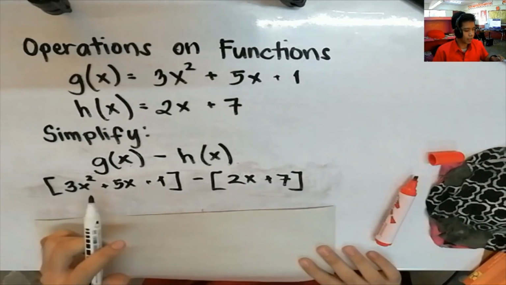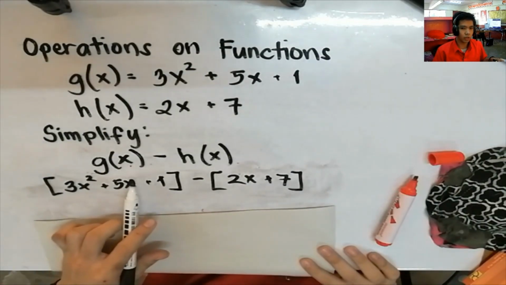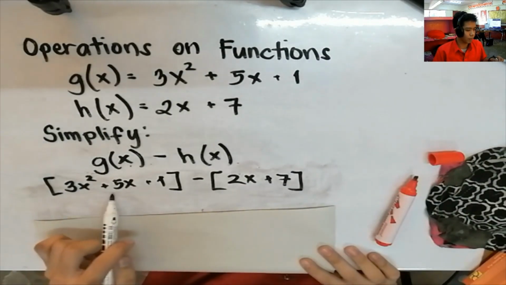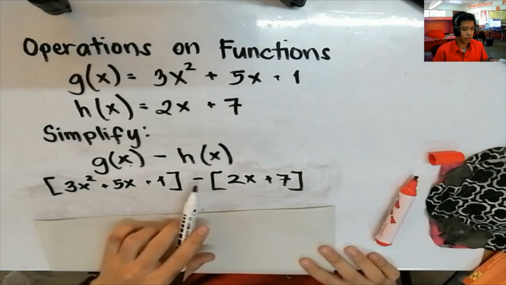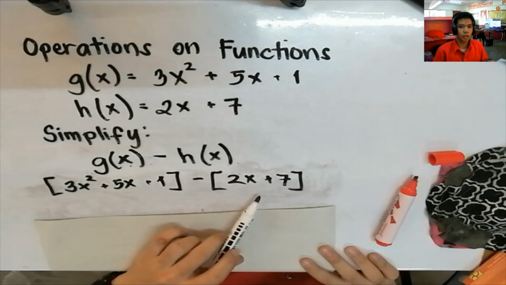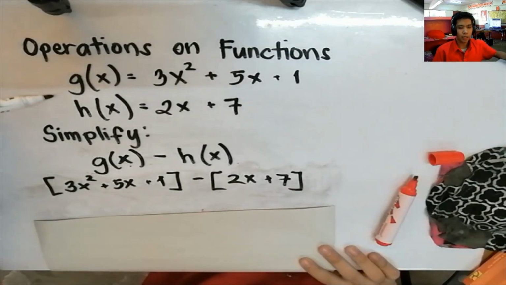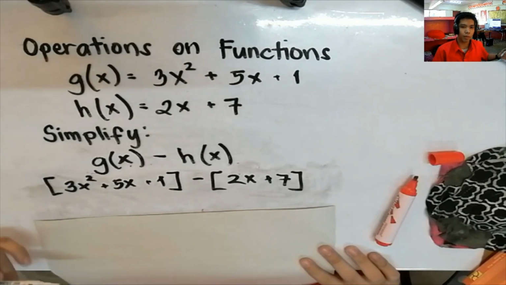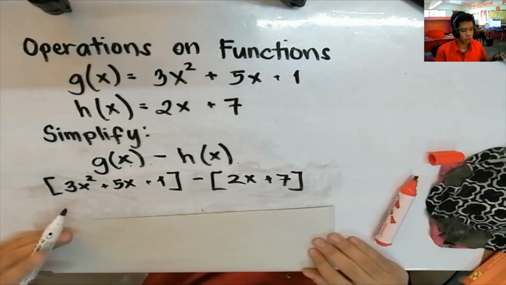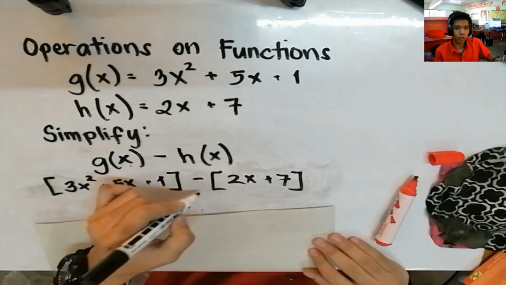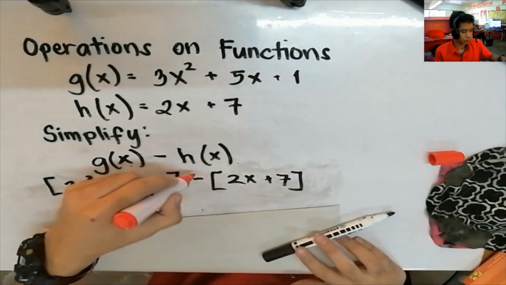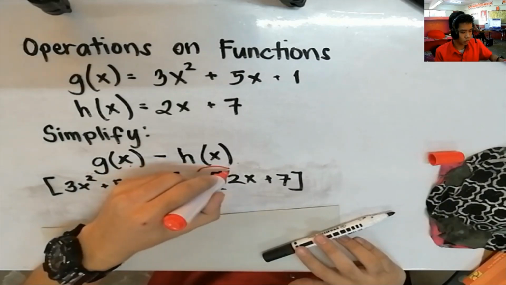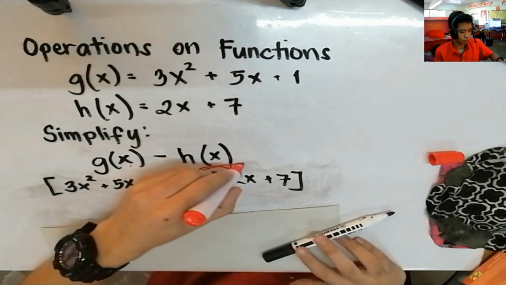Same process: g of x turned into 3x squared plus 5x plus 1, and h of x into 2x plus 7, based on the given. Here again, we cannot just combine like terms. We need to consider the minus sign. This indicates that you have to minus this group.